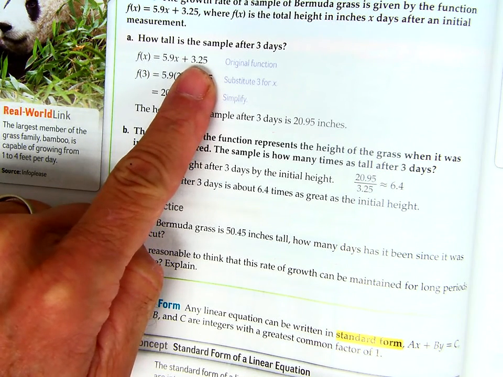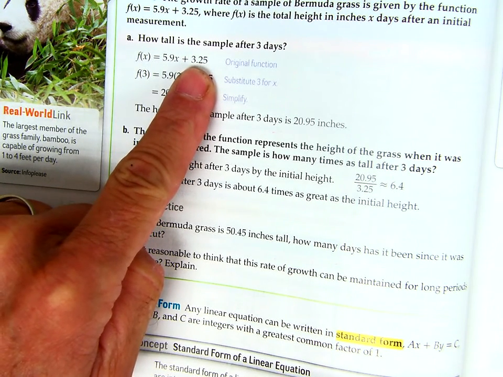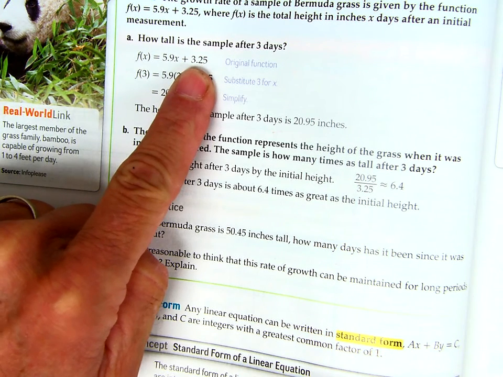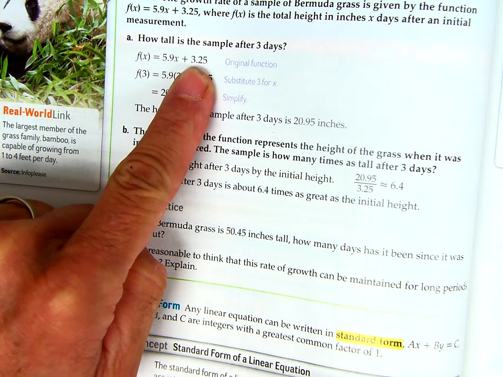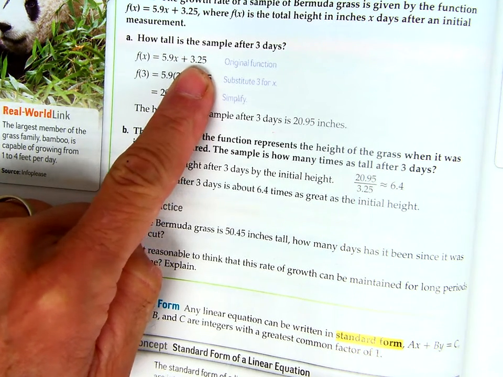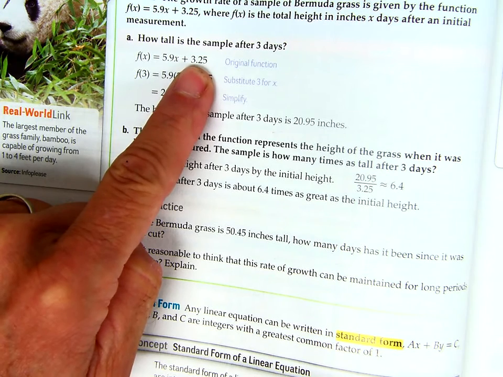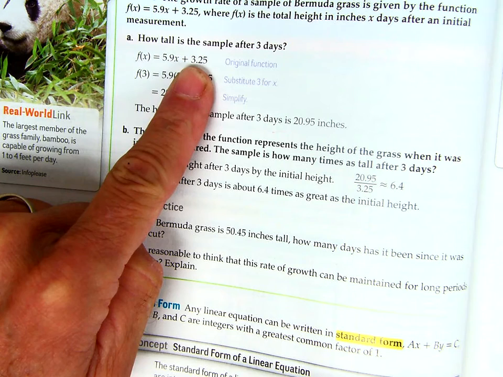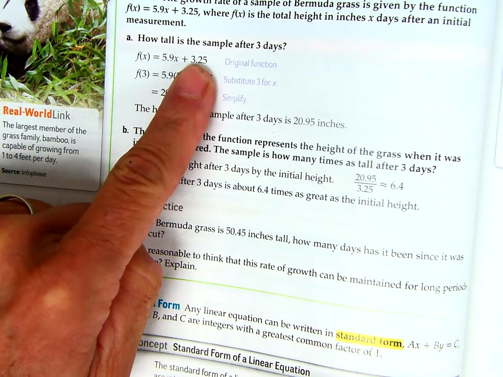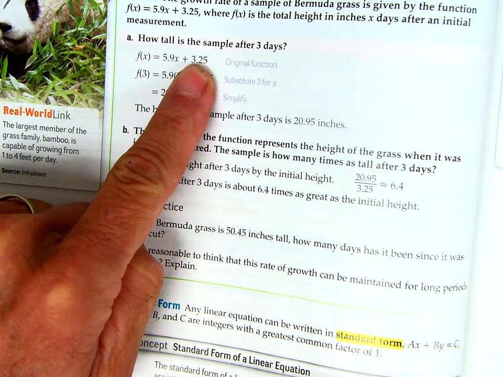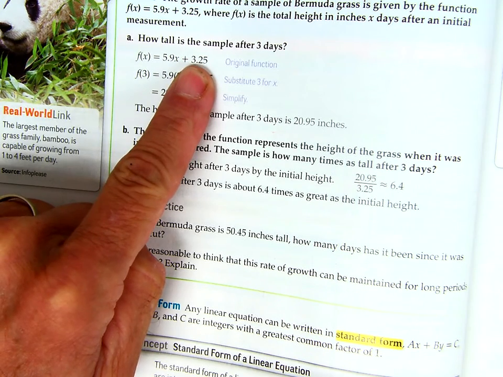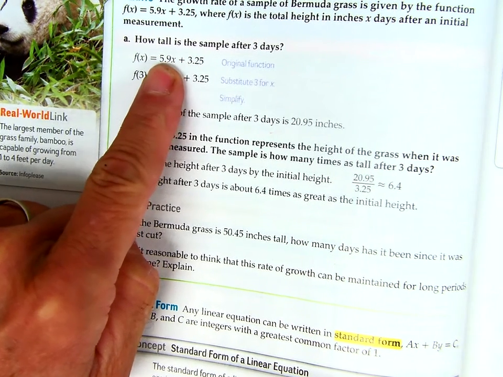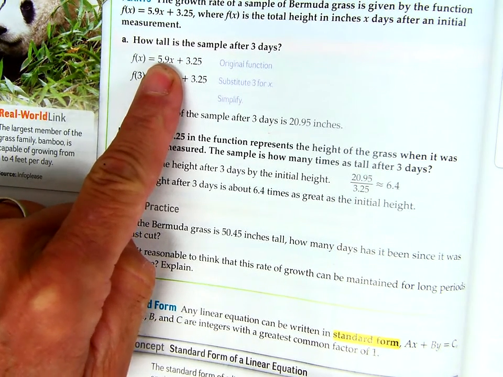That y-intercept is also the number that we call the beginning. Obviously, when they cut the grass, they cut it 3 1/4 inches tall. So the grass is never going to be shorter than that. It will always start out being 3 1/4 inches tall, and it will get bigger by this amount taller.